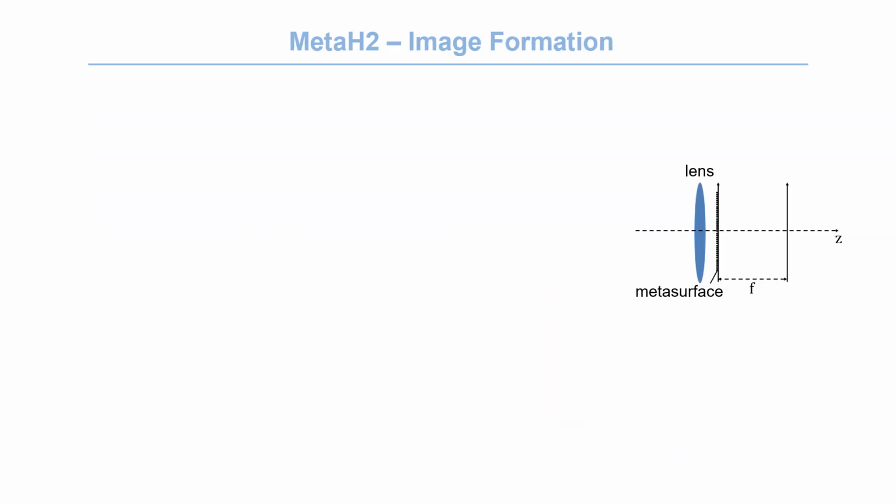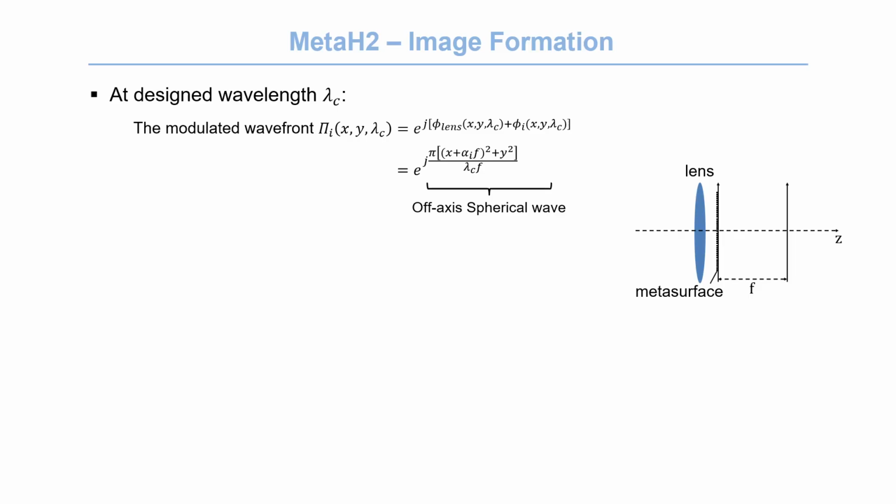To analyze the system's spectral behavior, we derive its point spread function using a wave optics formulation that accounts for the modulation from each optical component and free space propagation. At the design wavelengths, the system forms a focal spot at the targeted off-axis location.